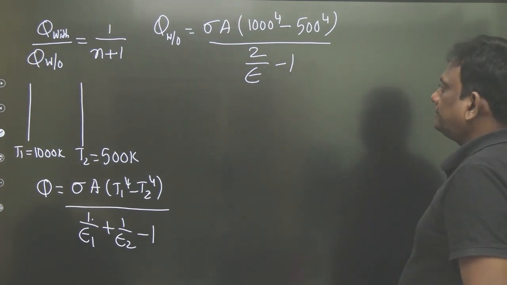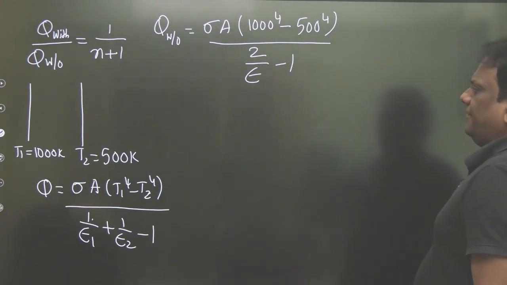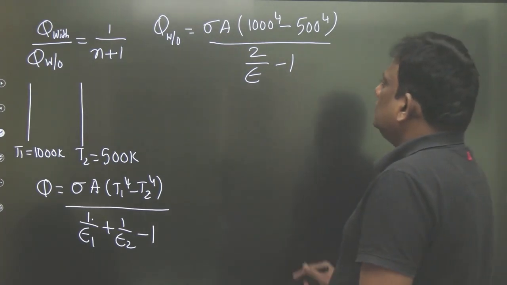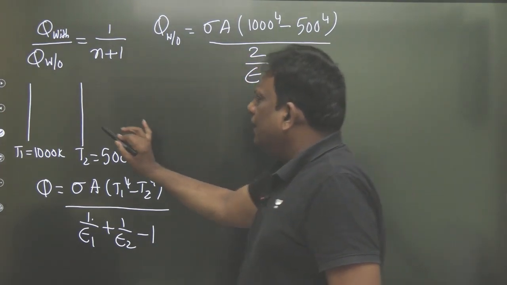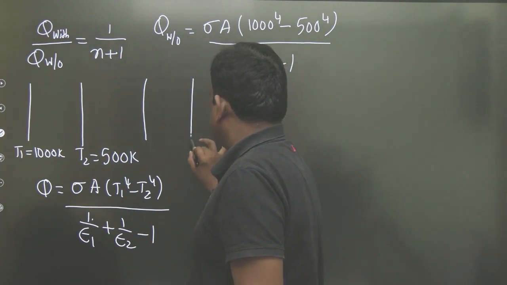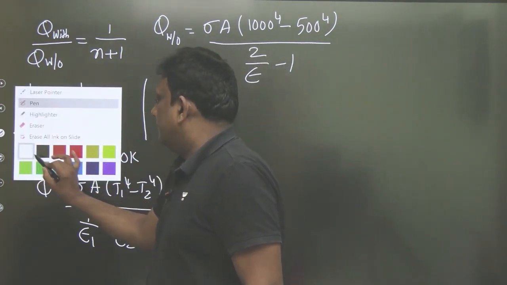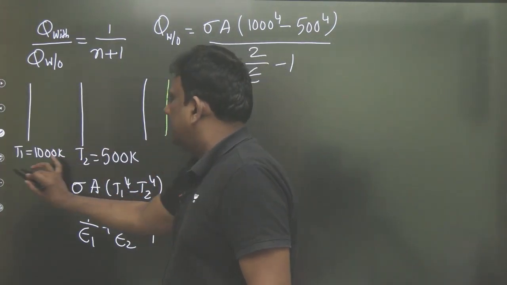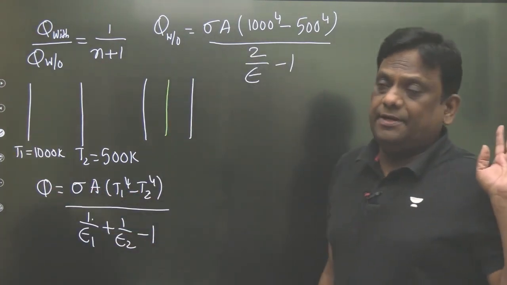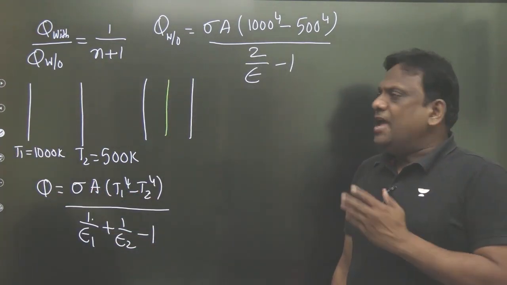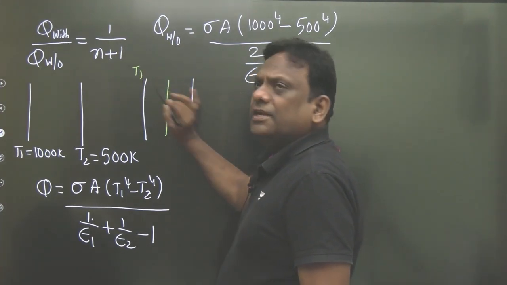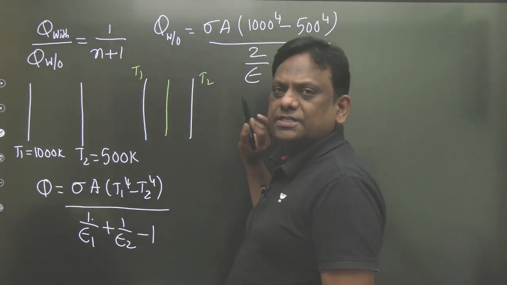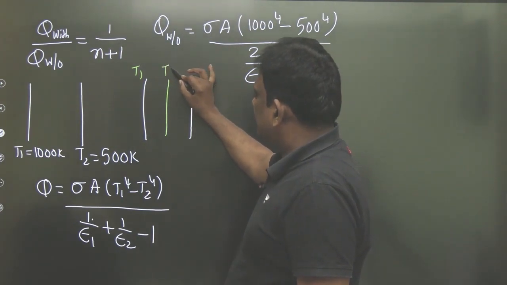Now observe here. If I introduce a shield, I don't know how many shields I'm introducing. If I introduce a shield, T1 and T2 are not changing, and let the shield temperature be some T3.